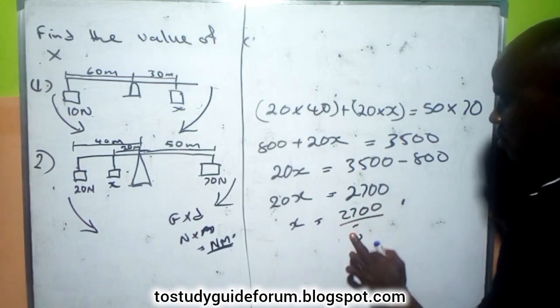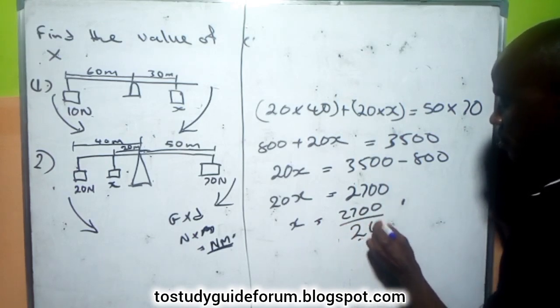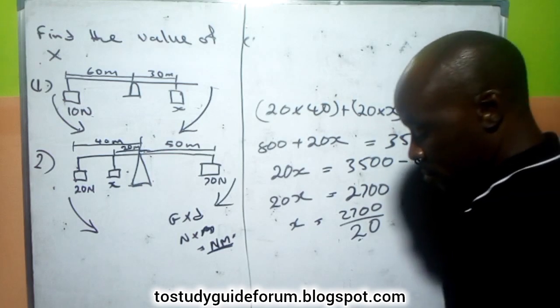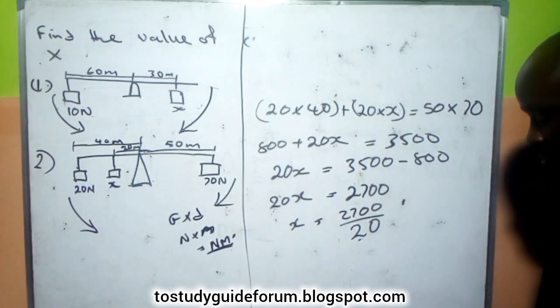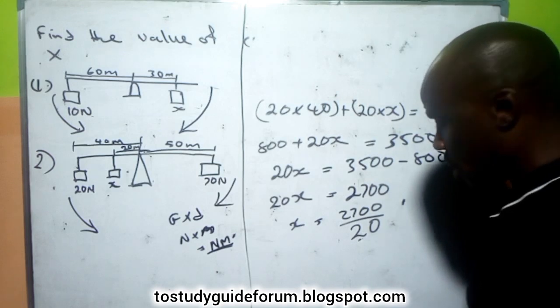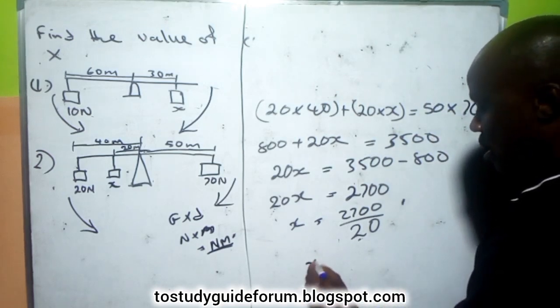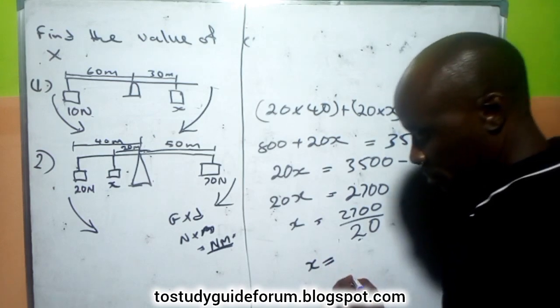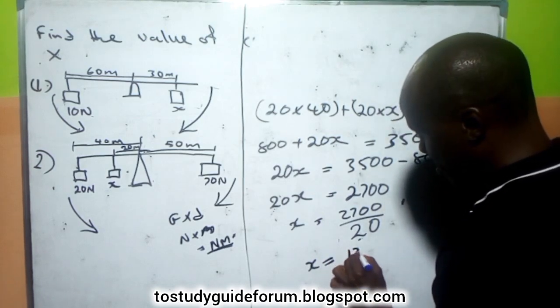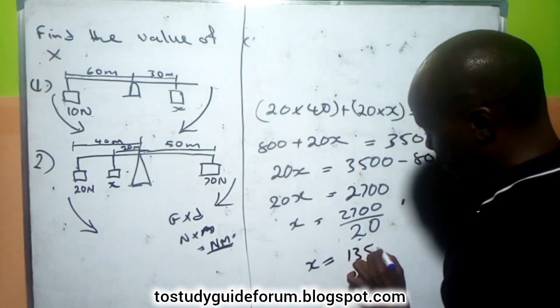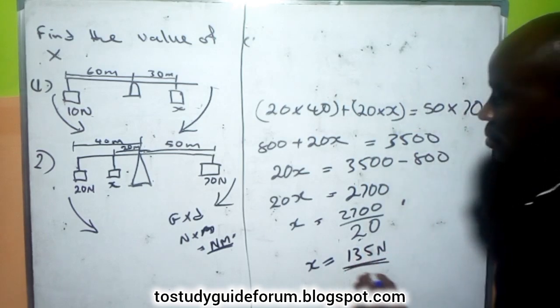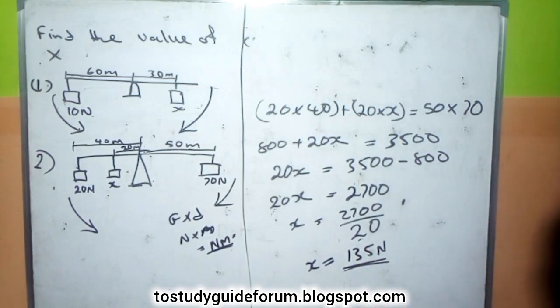So now x will be 2,700 over 20, divided by 20. So our x will then be equal to 135 Newton. That's very big.